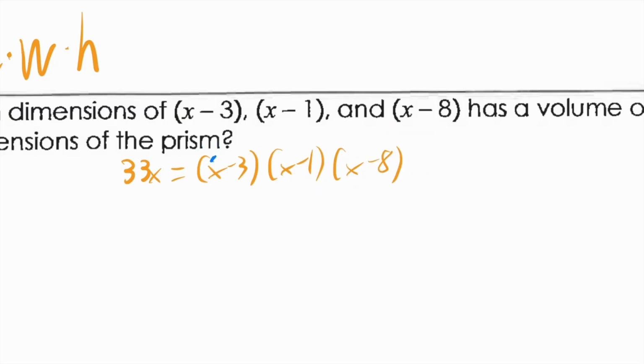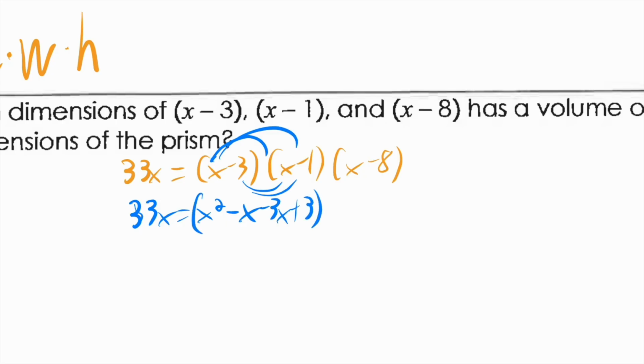So I'll do multiplying of the first 2, which gives me 33x equals x squared minus 3x minus x plus 3 times x minus 8. I will combine these before multiplying further to make my life easier. I get x squared minus 4x plus 3 times x minus 8.